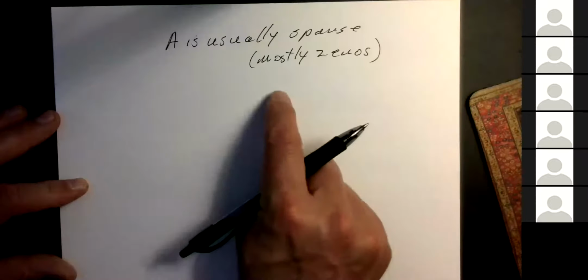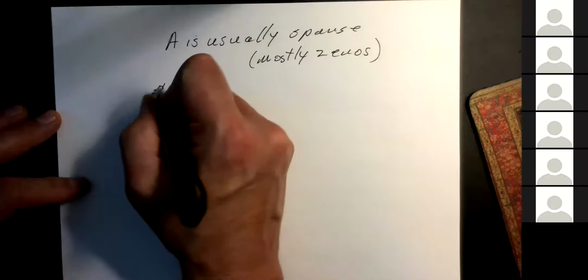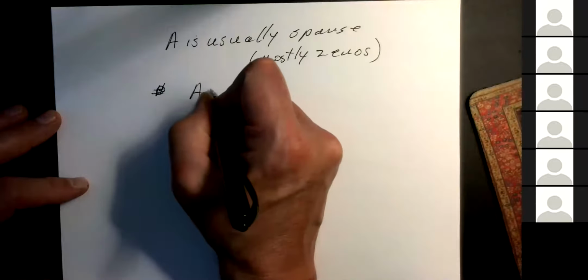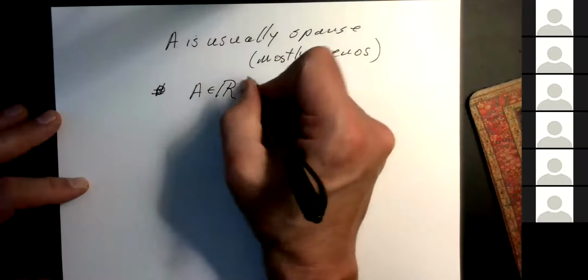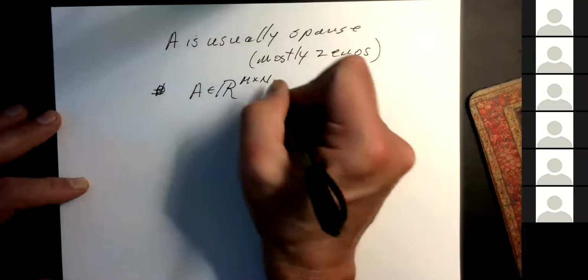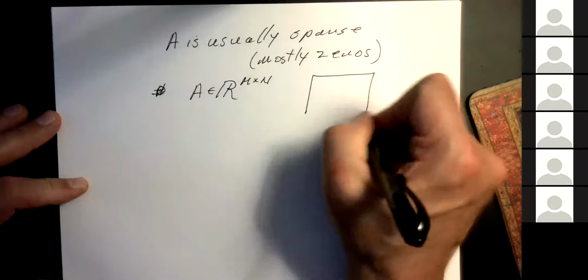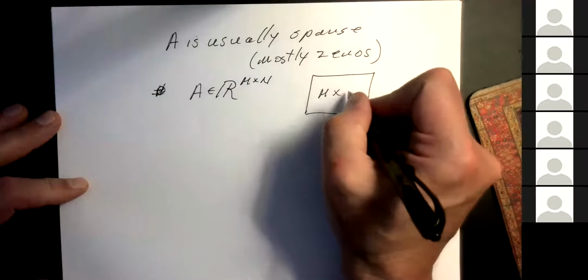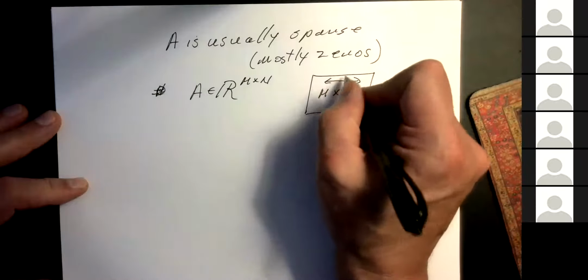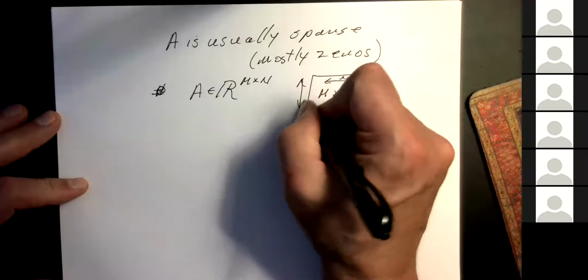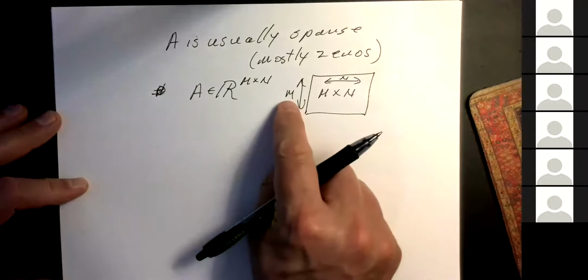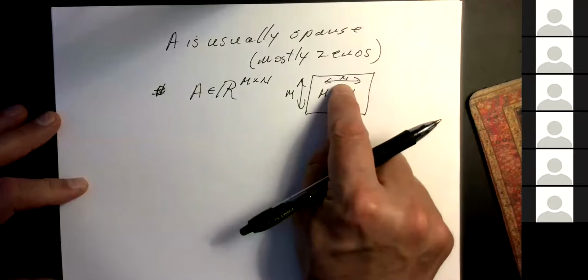Okay, A is usually sparse, which means it's mostly zeros. A here is m by n. So this dimension here is n, and this dimension here is m. M is the number of outputs, n is the number of inputs.